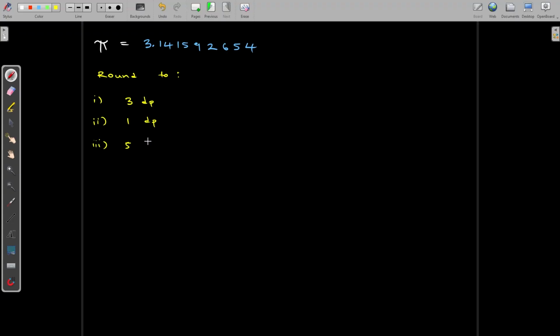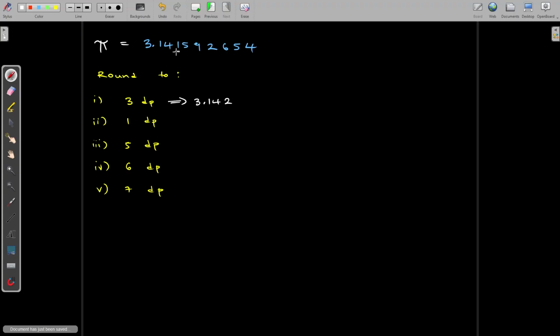Rounding off pi to 3 decimal places would give us what? 3.142.